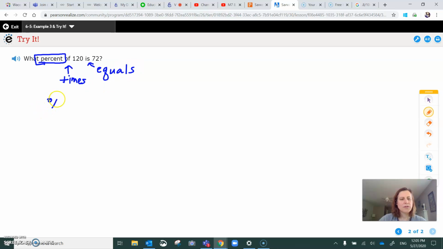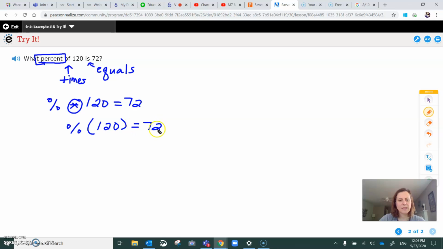So what percent of 120 is 72 is what we're trying to figure out. I'm going to get rid of this x here to mean times because we want to use some variables. So what percent of 120 is 72.